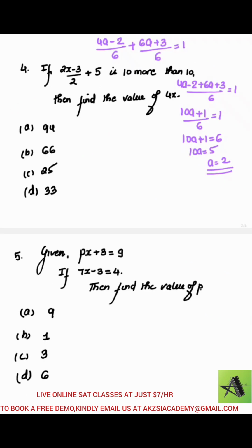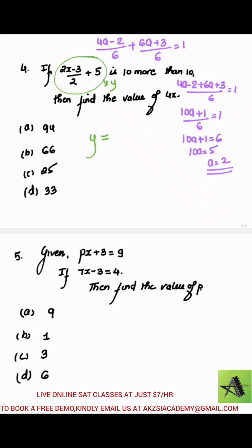Next, question 4 says, if 2x minus 3 over 2 plus 5 is 10 more than 10, then find the value of 4x. That means this whole expression is 10 more than 10. Let's say this expression is y. Let me interpret each and every word into a mathematical term or operator.